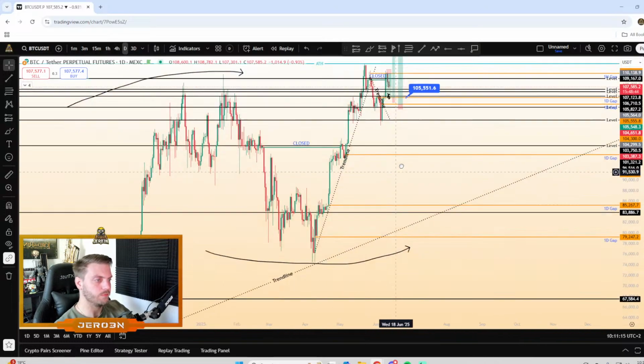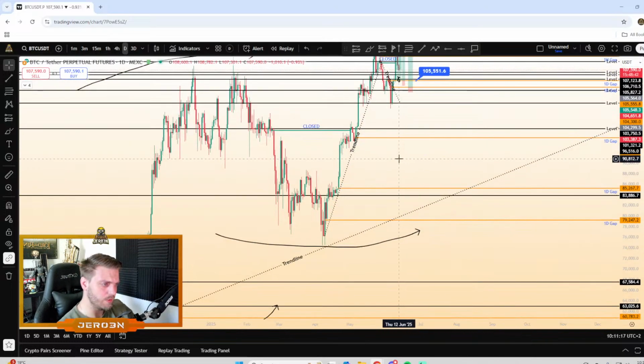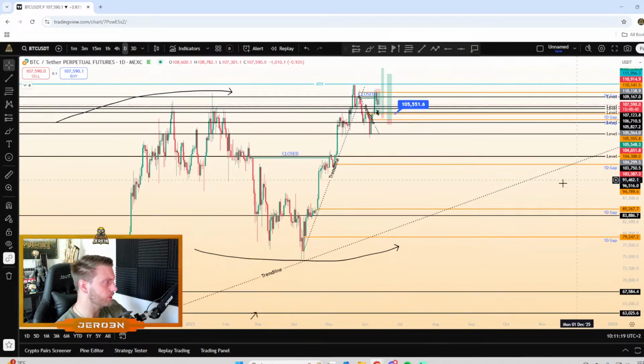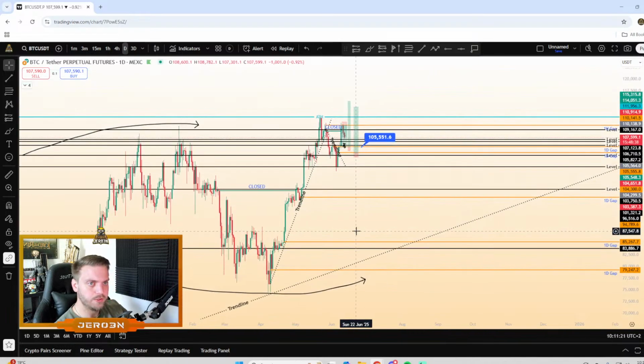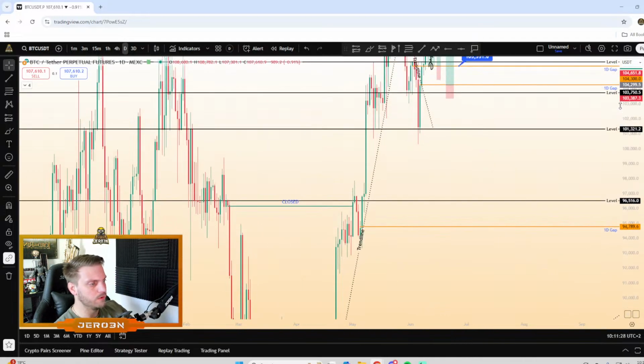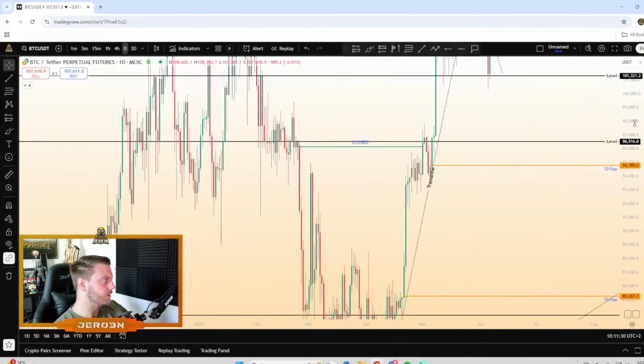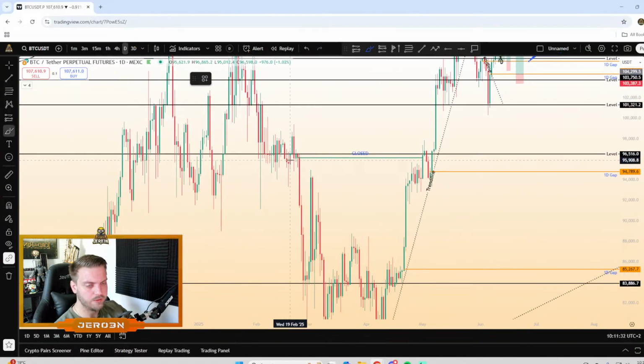And for those that are new, I do these live streams weekly now, where I see where gaps are laying, which want to be filled. And with a gap, I mean a big impulse down. In Dutch, we call it a oksel, where we had a big impulse down, and it created this gap.